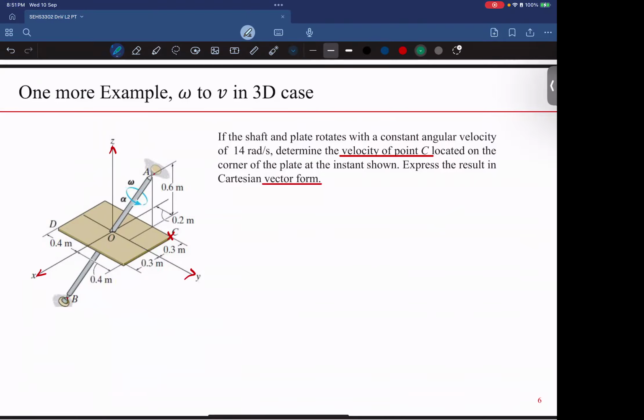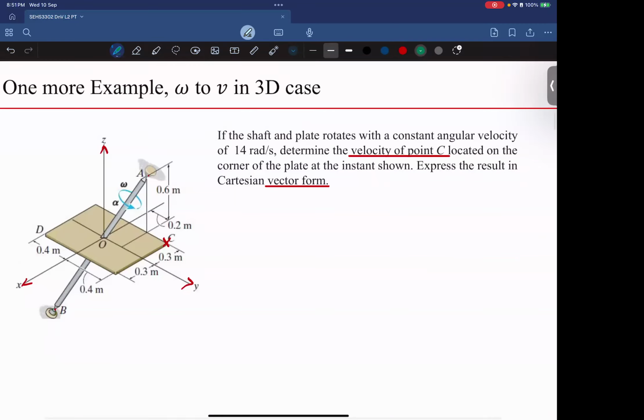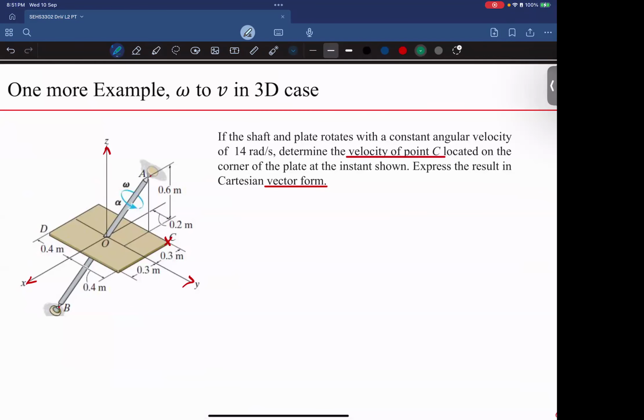But okay, we just leave it blank, but we can calculate, because that avoids misunderstanding. So what we need is V_C. And V_C, we know, is omega cross R_C, maybe R_OC.